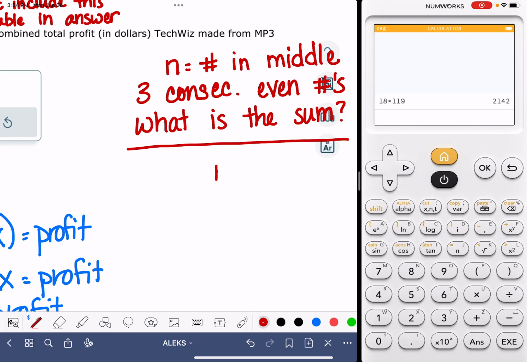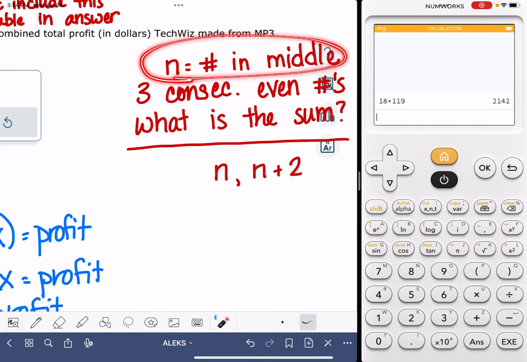Well, we know that n is the number in the middle, and we know that these are 3 consecutive even numbers, which means that the next number after it is just greater by 2. Like if this was 2, then the next number would be 4. 2 plus 2 is 4.